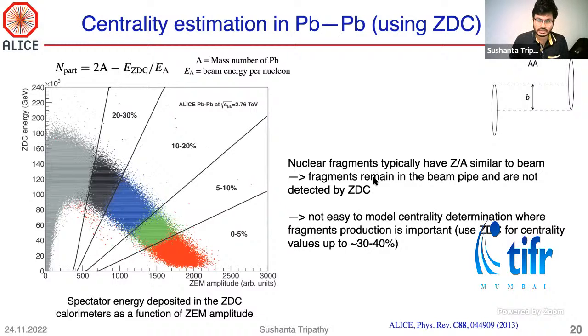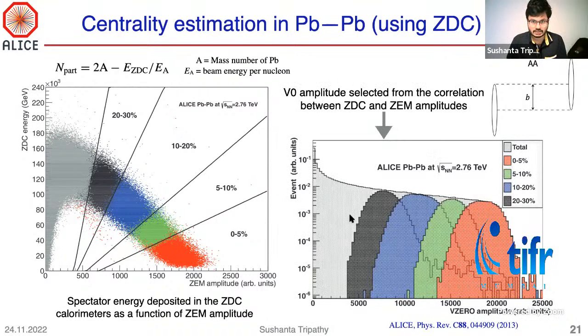Thus, using the ZDC, it is not very easy to model the centrality determination beyond 30 to 40%, because at the peripheral classes we cannot have a proper estimation of centrality with the ZDC. When one correlates the V0 amplitude with the centrality estimation from the ZDC, we have a distribution something like this.